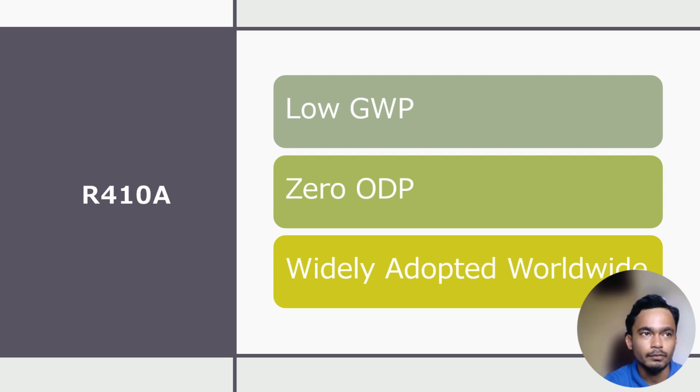In case of any maintenance issue that requires the charging or replacement of the refrigerant, it would not be a huge problem for any person handling the replacement, because the refrigerant R410A is available almost everywhere.